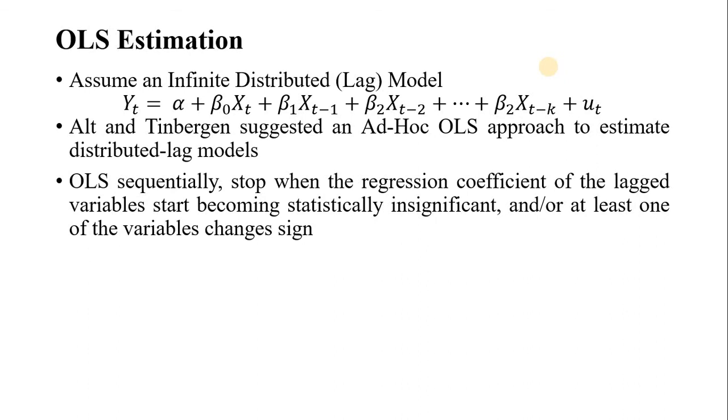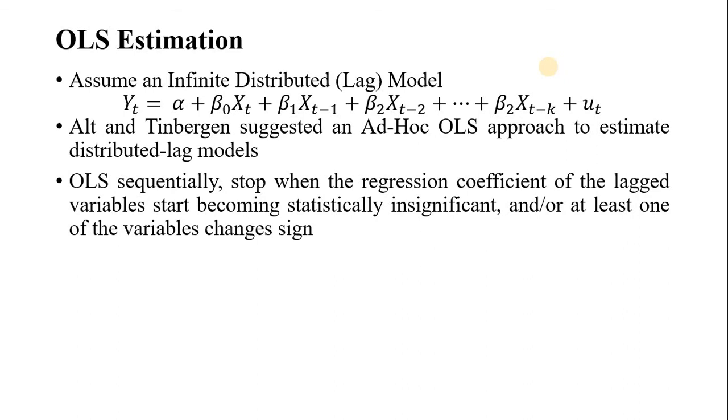We have included one lagged value. You look at whether the lagged variable's coefficient is significant or not. If it is significant, no problem. Then again you run yt on xt, xt minus 1, xt minus 2. We have included one more lagged value. Now you check the significance level of the variable that you have included.